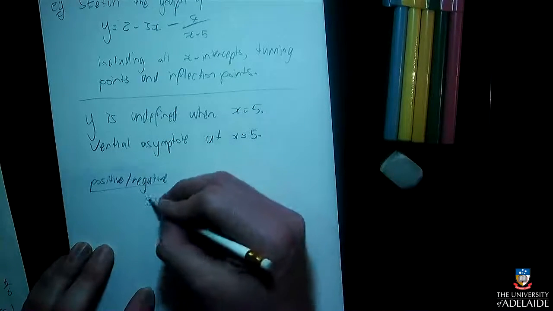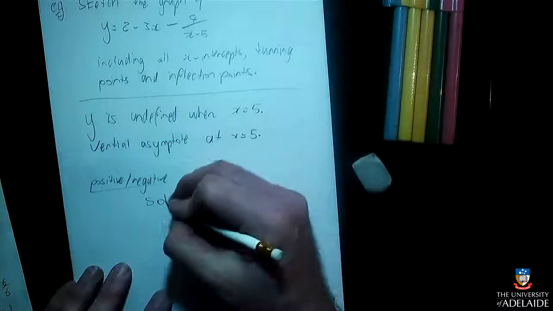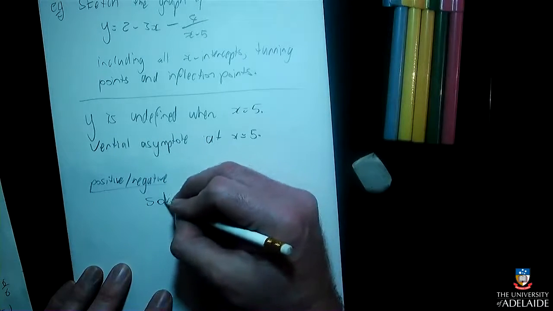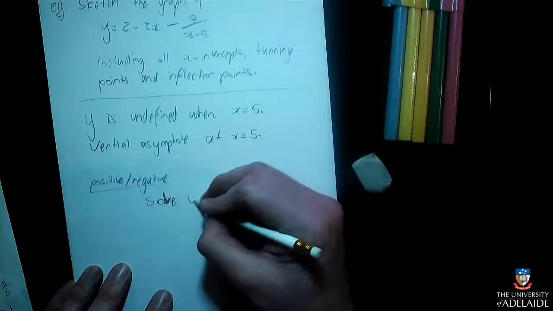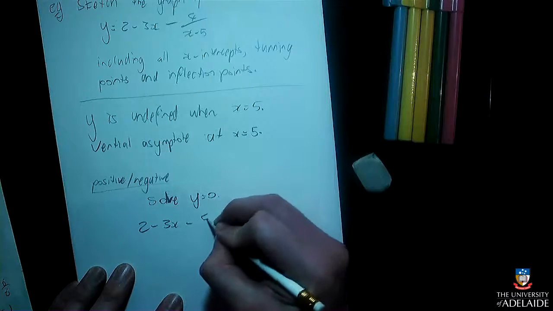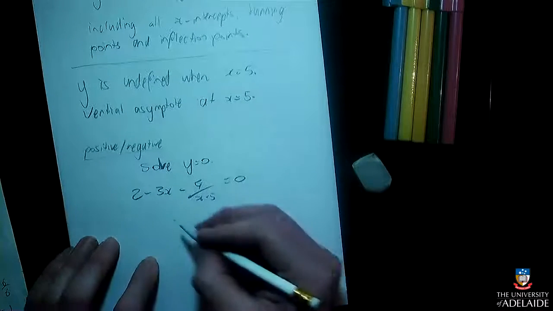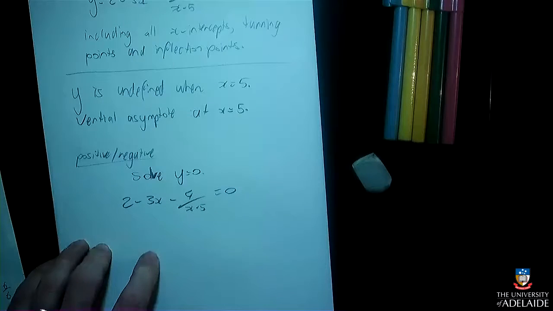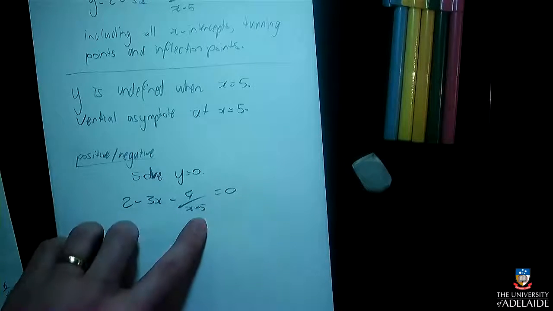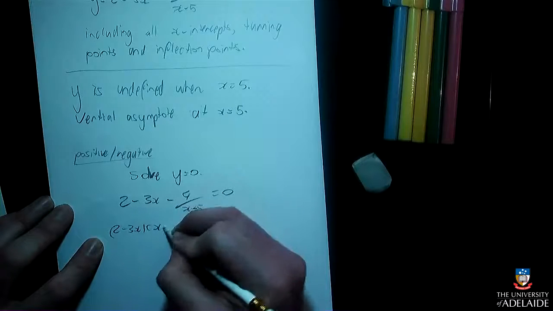Okay, so first I want to solve, I always write the L when I do solve, y equals 0, which means 2 minus (3x minus 4) over (x minus 5) is going to be 0. At the moment the most annoying thing is the fact that x minus 5 is on the bottom, so I'm going to multiply by x minus 5.